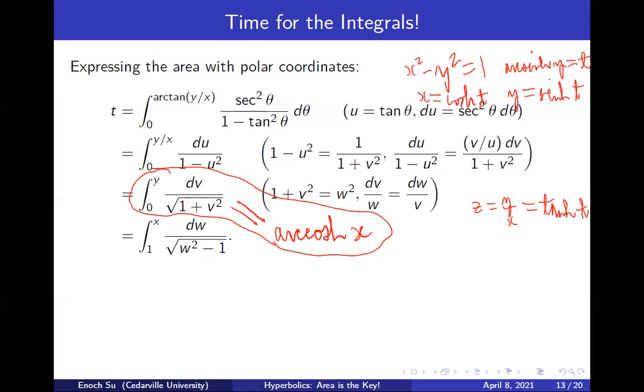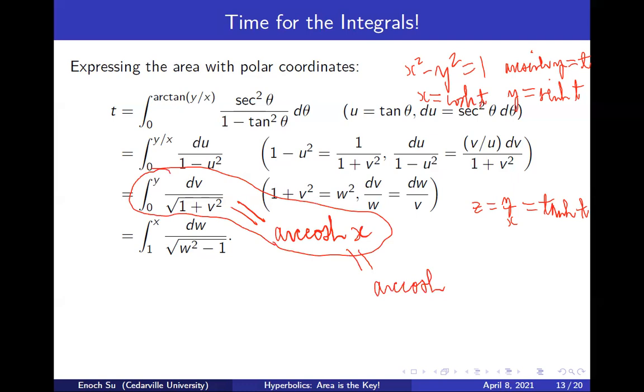I think just for the sake of consistency, we don't want to mess around with y and x. Sure. You could have written arc cosh of, well, what is x? x is the square root of 1 plus y squared, right?